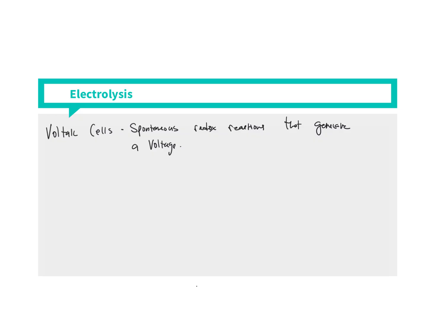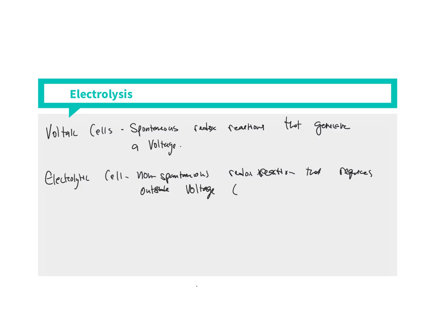But electrolysis is what happens when you have an electrolytic cell, which is a non-spontaneous redox reaction that requires outside voltage, otherwise known as another battery, basically, to occur.